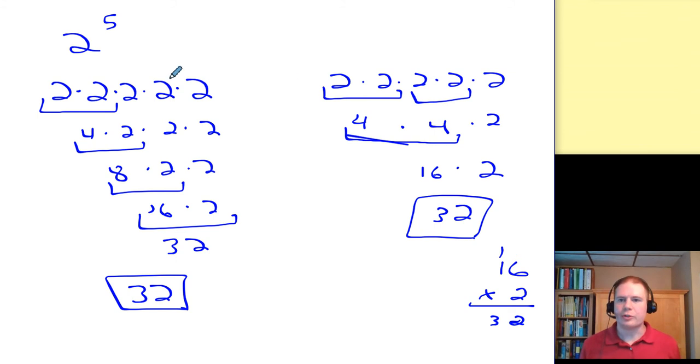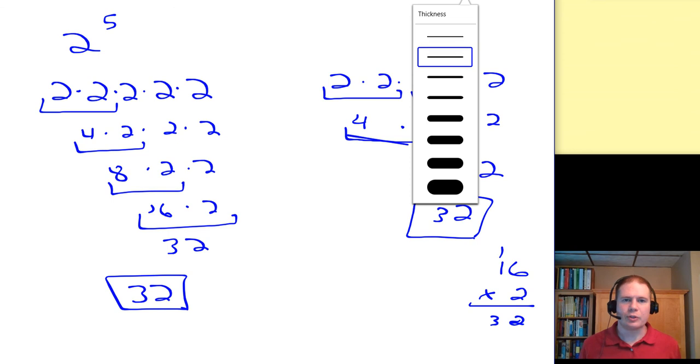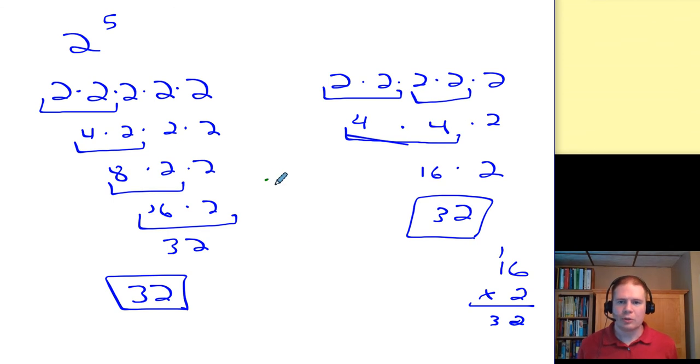Or I could say, let me switch colors so I can fit this all on the same page here. 1, 2, 3, 4, 5. 2 times 2 is 4. I already know that, so I'm just going to double 4 and jump straight to all of these together make 8. And then lump these two together. 2 times 2 is 4.